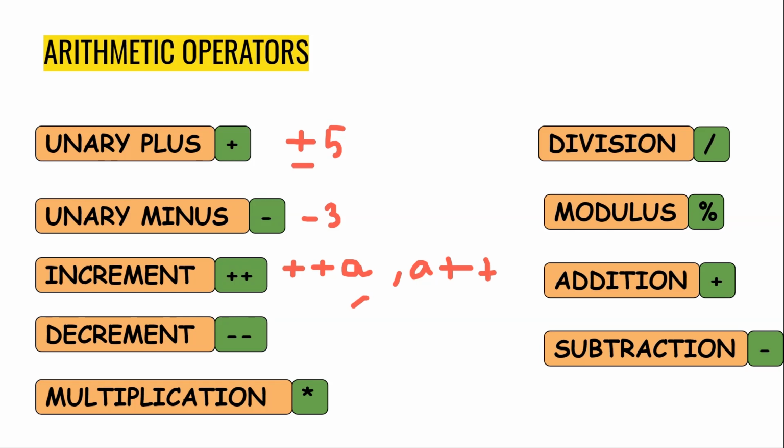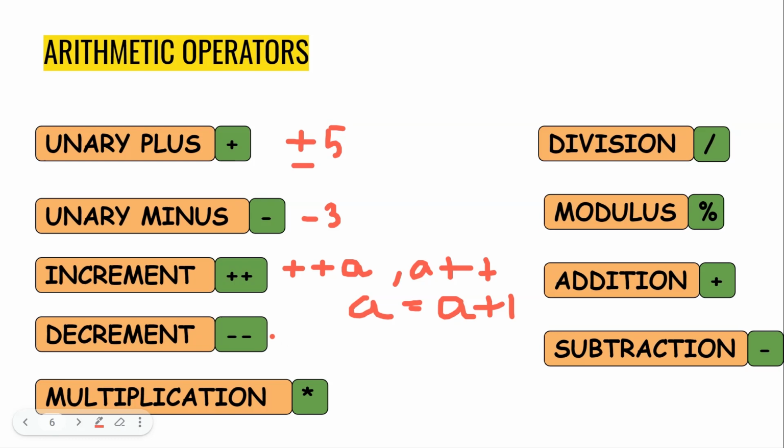In pre-increment, first the value of its operand is incremented and then it is used for evaluation of the expression. In post-increment, the value of the operand is used first for evaluation of the expression, then the value of the operand is incremented.